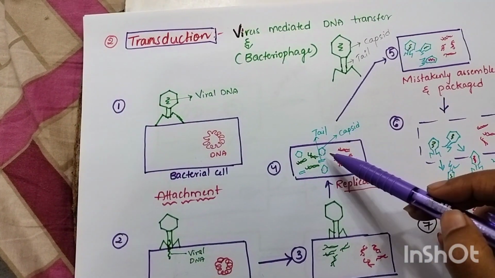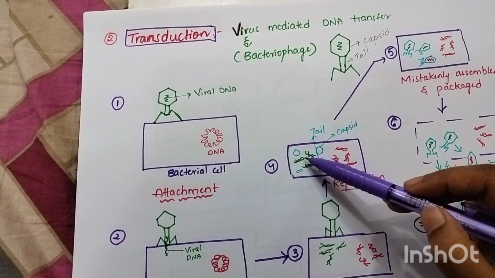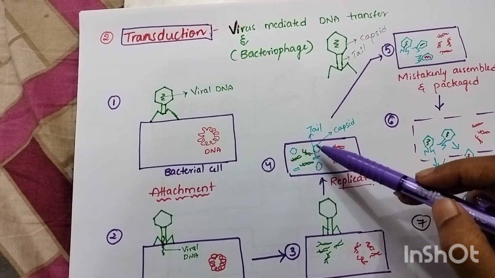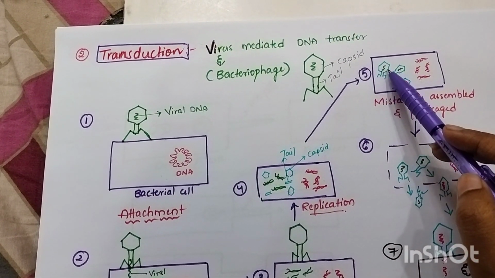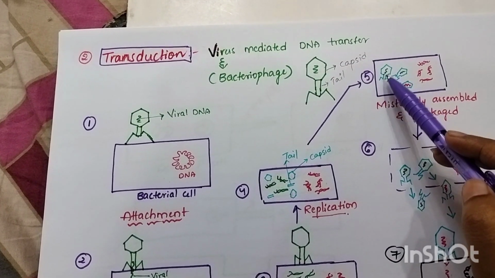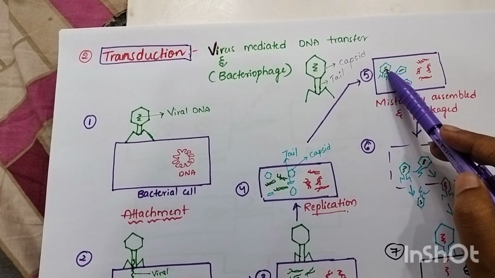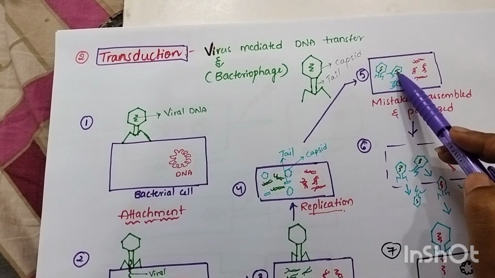Now in the fifth step, all these replicated viral DNA and the body parts are assembled and packed. Here you can see the body part, and it has a viral DNA. This is one newly produced bacteriophage that has its own viral DNA. This is also a bacteriophage having its own viral DNA.